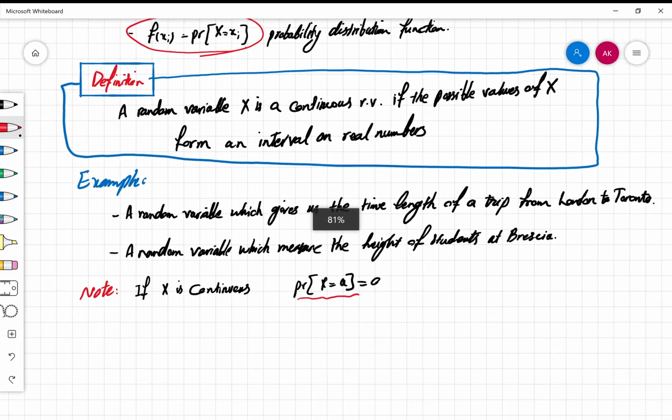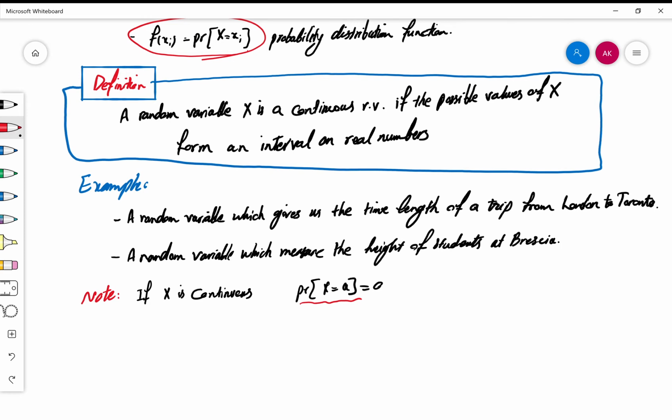Well, when it comes to continuous random variables, sorry, let me go back to the board.